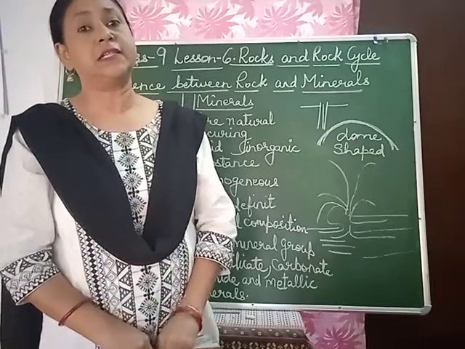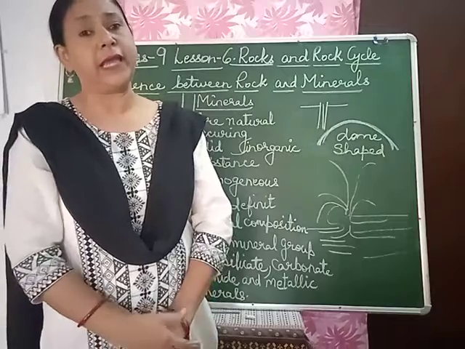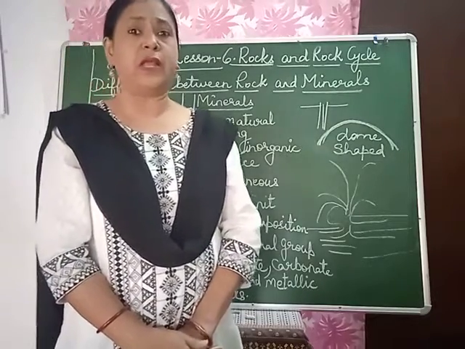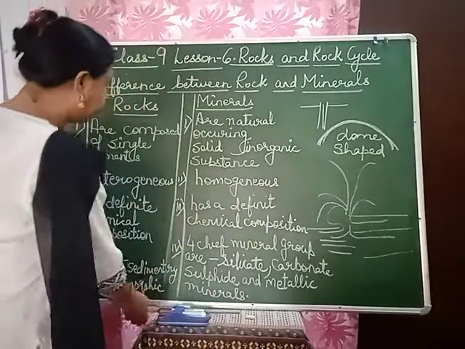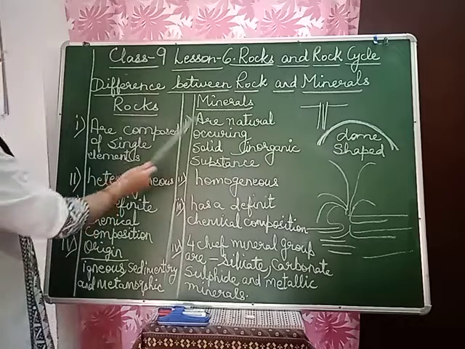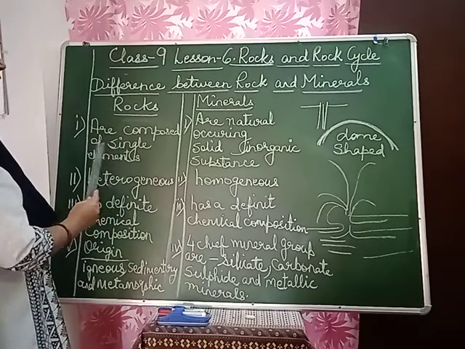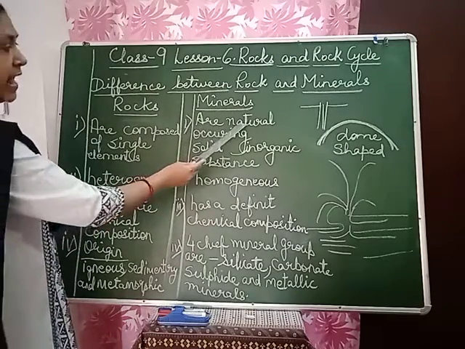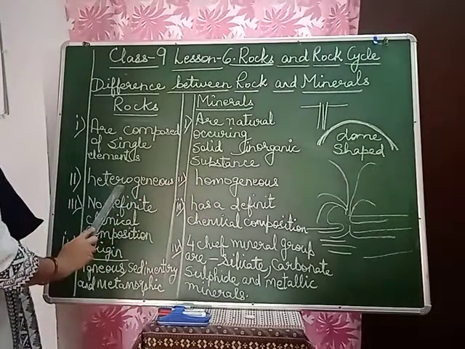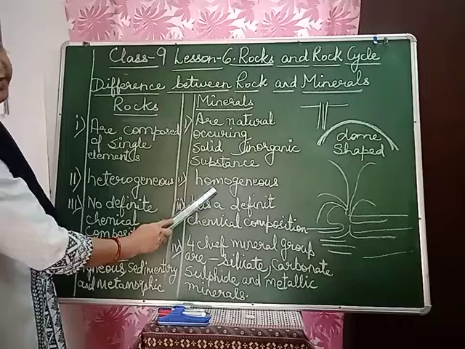So children, till here we are finished with igneous rocks and rocks, what they are made of. Let's do a little recap. What is the difference between rocks and minerals? Rocks and minerals are natural occurring, solid, inorganic substances.